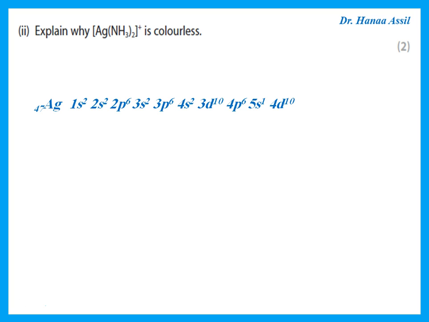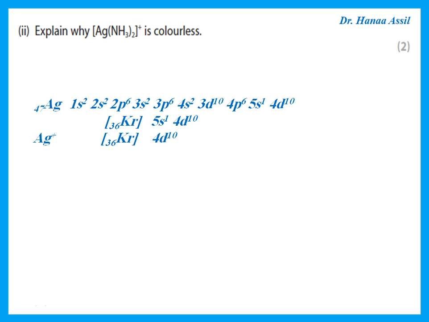This is because, first of all, the electron configuration of silver, which has atomic number 47, ends with 5s1, 4d10. And that means if it forms a +1 ion, where are we going to remove the electron? Remember that in transition metals, we remove the electrons from the 5s first before the 4d.